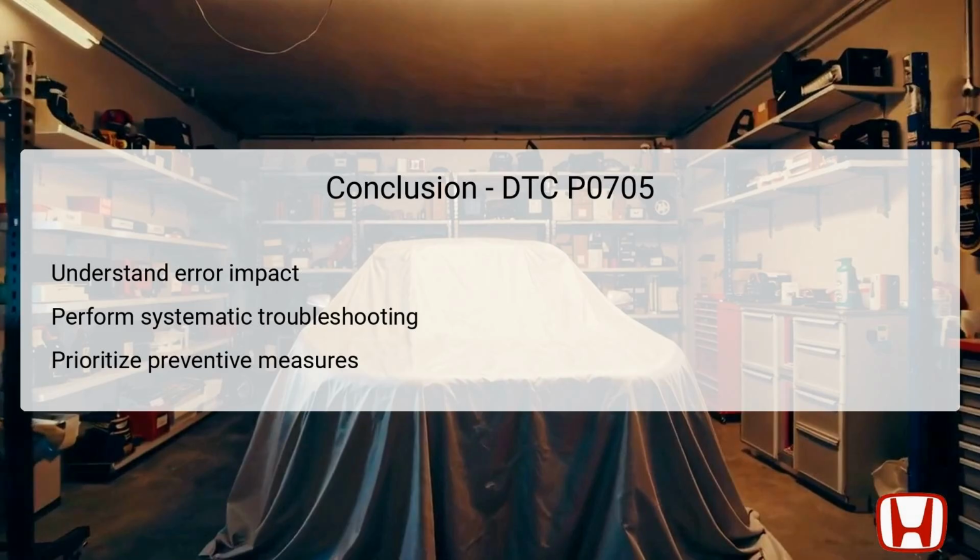A systematic approach to troubleshooting, which includes diagnosing, repairing, and verifying fixes, will enhance accuracy in resolving such errors. Moreover, the implementation of preventive measures serves as a safeguard against future occurrences. Conducting regular maintenance checks and utilizing diagnostic tools expedites the identification of issues, allowing for timely interventions.